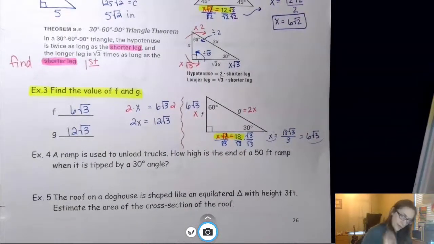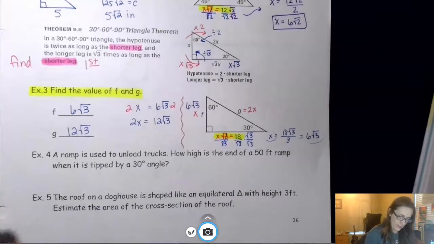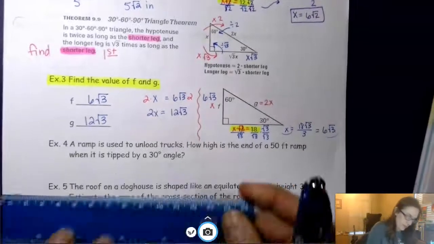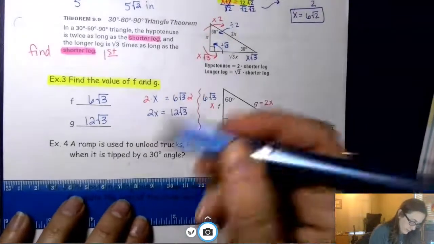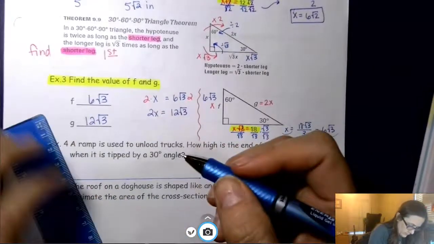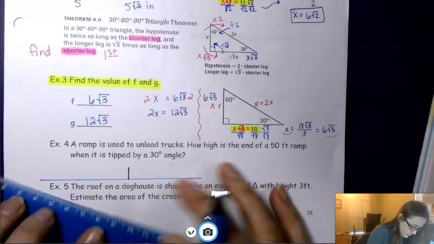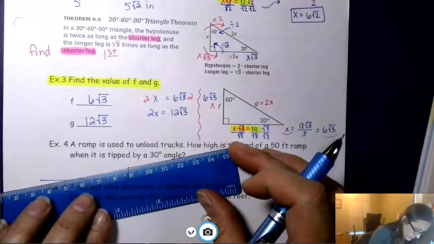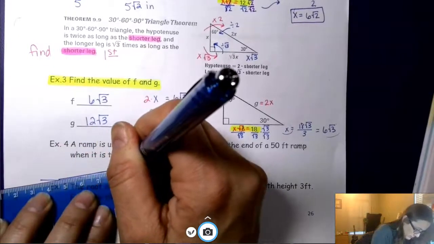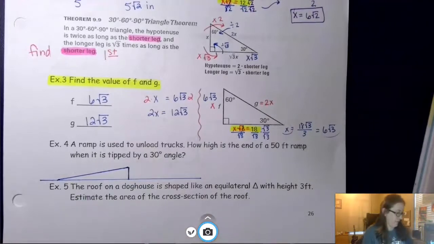A ramp is used to unload trucks. How high is the end of a 50-foot ramp when it is tipped at a 30-degree angle? So a truck comes up, we unload the ramp.